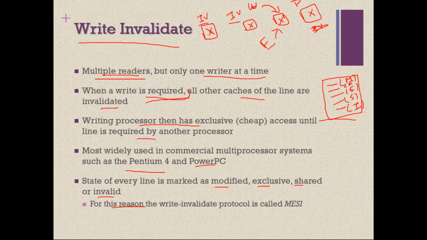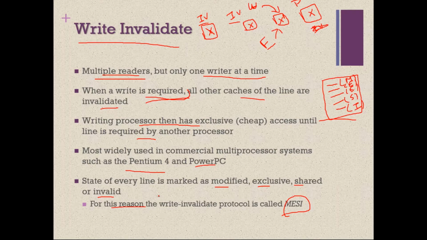Are you getting? So this write invalidate protocol is otherwise called the MESI protocol, where M stands for modified, E stands for exclusive, S stands for shared, and I stands for invalid. Okay, so we are going to discuss this MESI protocol in detail, but this is a brief overview.